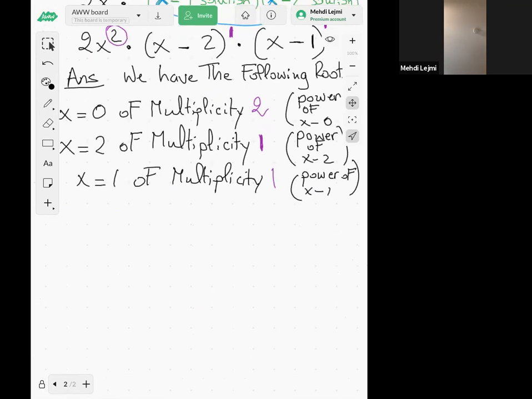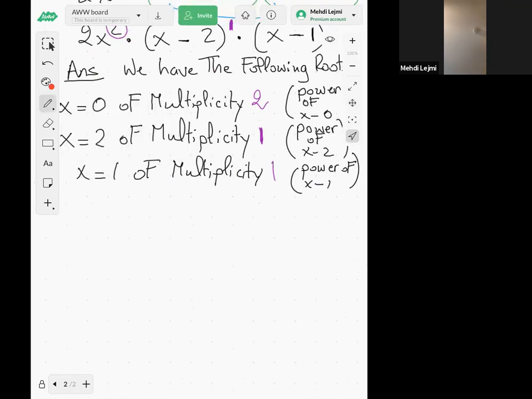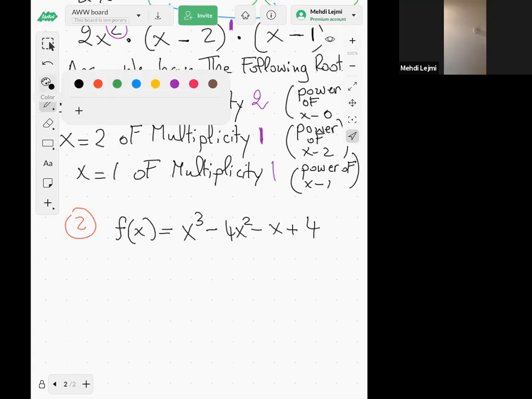The second function, so for number 2. We have f of x. What was f of x? Yes, it's x cubed minus 4x squared minus x plus 4. So first we have to solve, step 1.